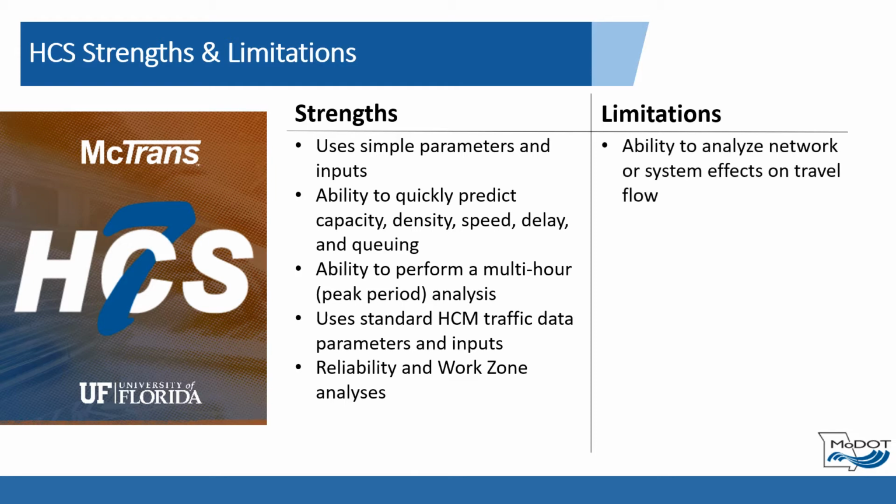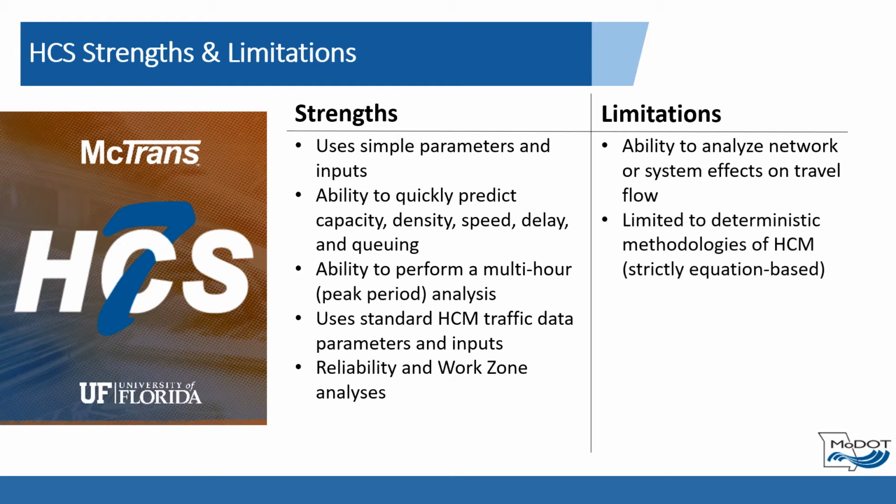A key limitation includes the lack of ability to analyze network or system effects on travel flow. For example, individual HCS segments do not account for upstream or downstream congestion or bottlenecks, but can only analyze isolated segments one by one.